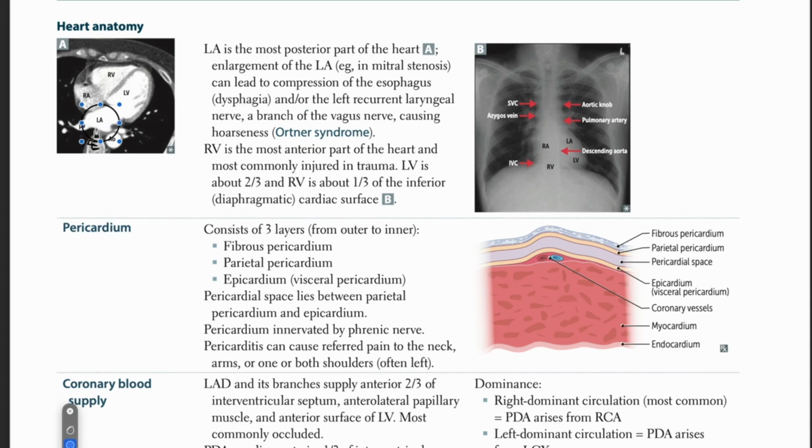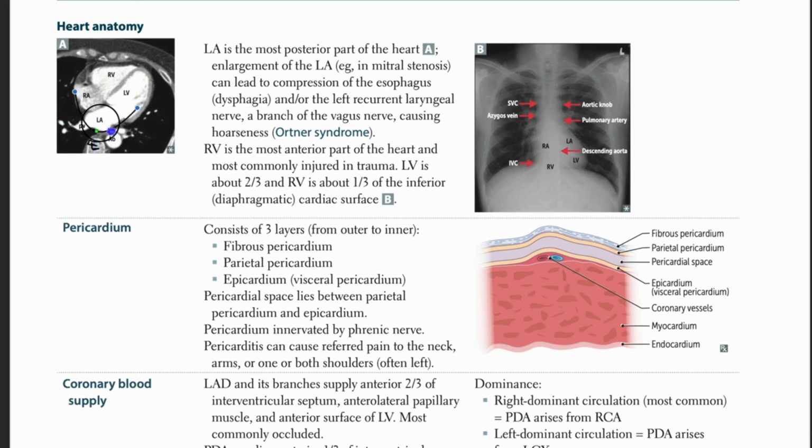And there's also, remember, the left recurrent laryngeal nerve right there, because this is the aorta, and then it goes from the right side to the left side, like that, right? The aortic arch, like that.